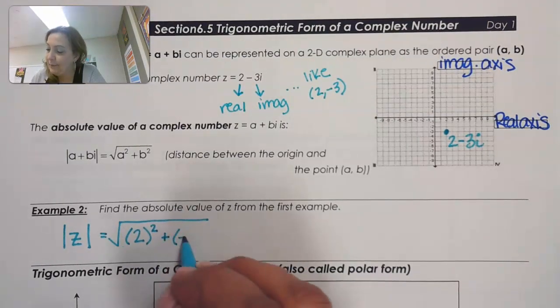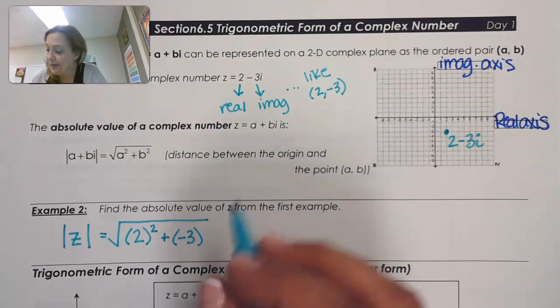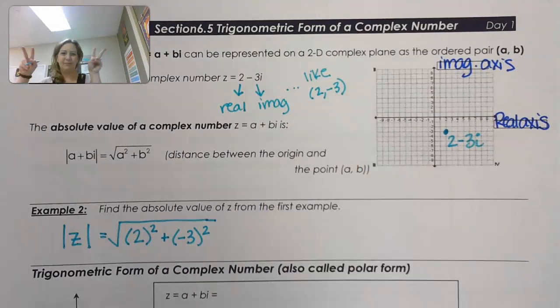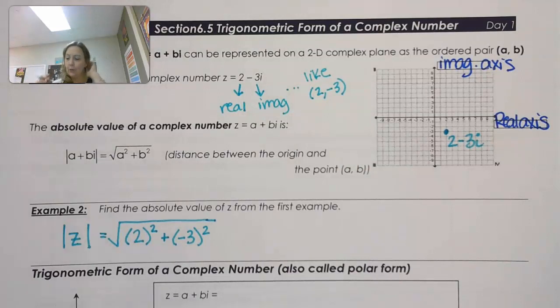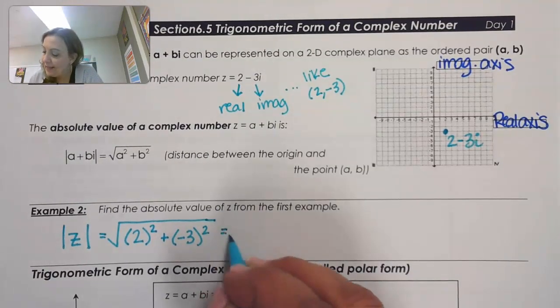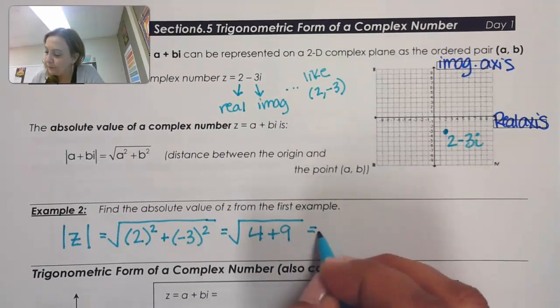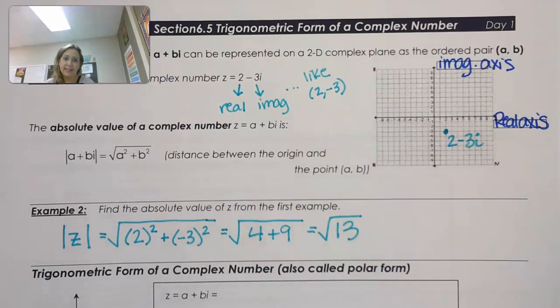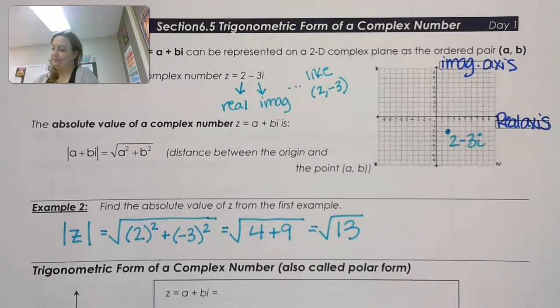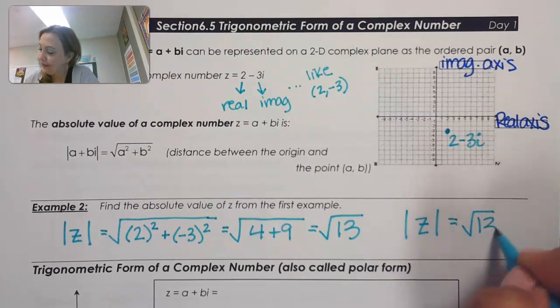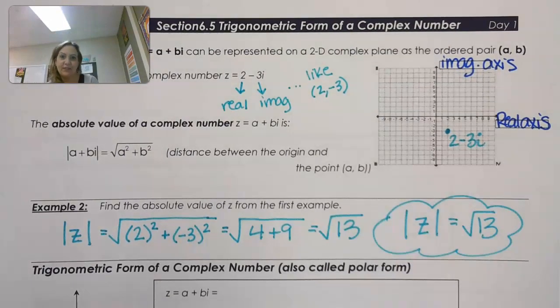And we're going to take b, not bi, but just the b, the coefficient, what we would think is the y part that we plotted, and square it. And then take the square root. So I have 4 plus 9, which is going to equal the square root of 13. And so that is going to be our absolute value of z: the square root of 13.